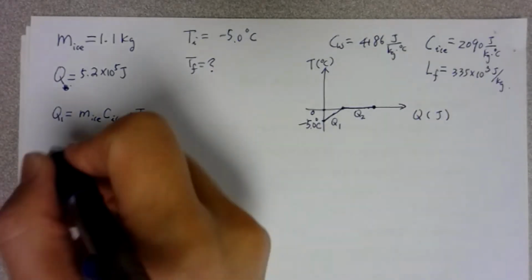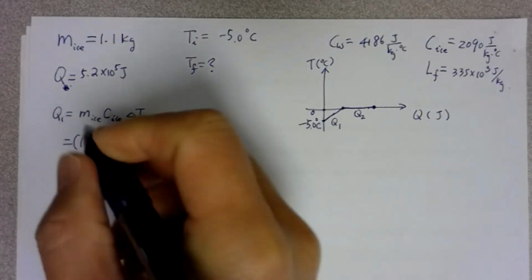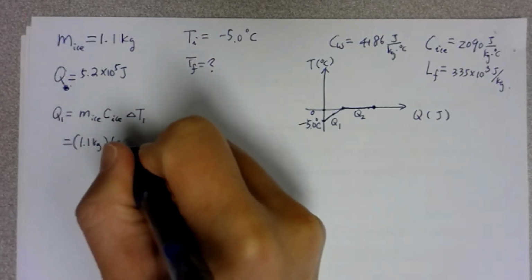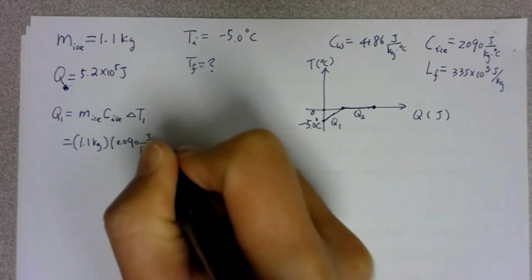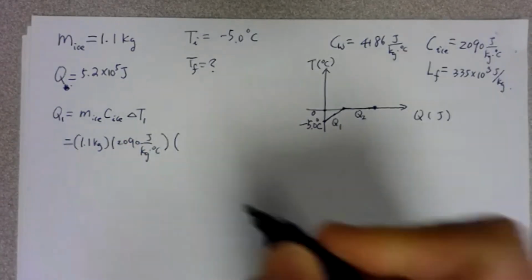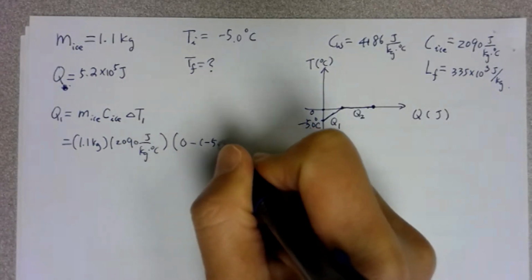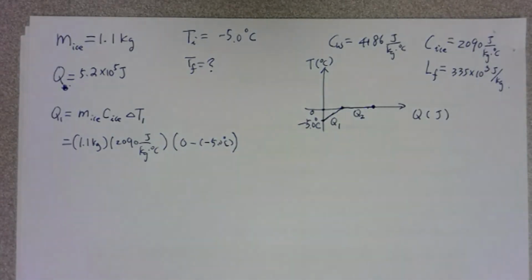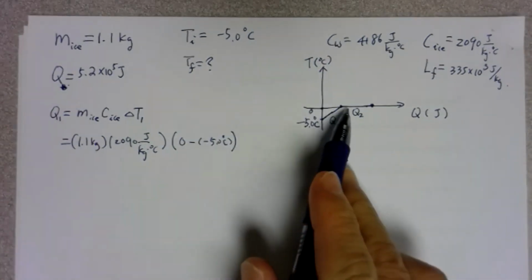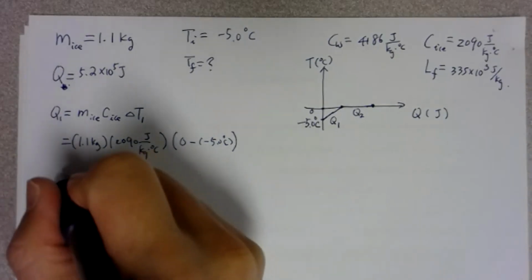So we're going to plug in the numbers: 1.1 kilogram, and 2090 joules per kilogram degree Celsius, delta T from 0 minus -5 degrees Celsius, because this is the final for this process, and then initial is -5.